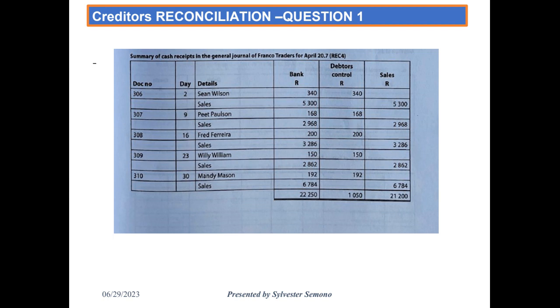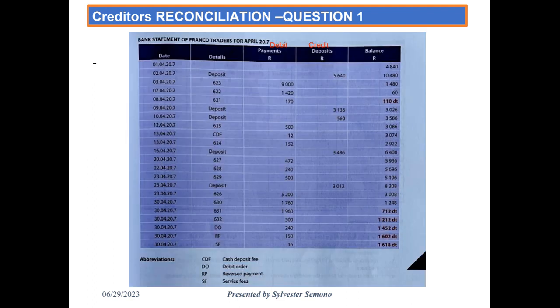I'm just trying to find out something because normally we compare these amounts which we have here. So 340, we said it's not there.